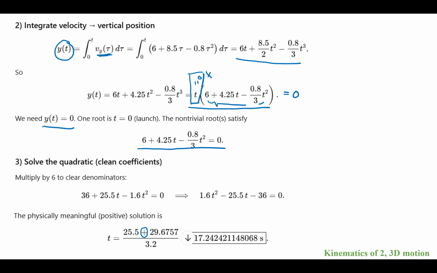So we have only the positive solution, and this is what we want. Okay. So once again, it is A, B, and in this case y, and then we set y equal to 0. That's the logic we followed.